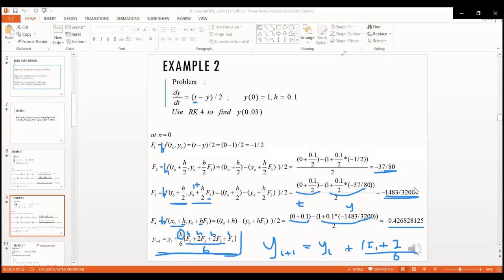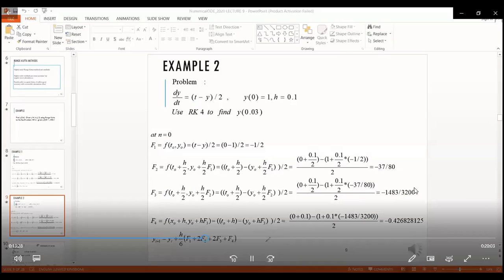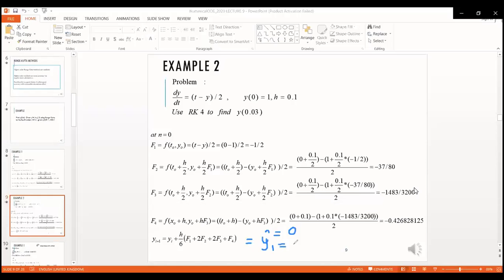Okay, so on that note, when you substitute all of these values we've just estimated, at n equals 0 we'll get y1 equals y0 plus h, which is 0.1, over 6, into brackets, we have f1, which is negative 1 over 2.